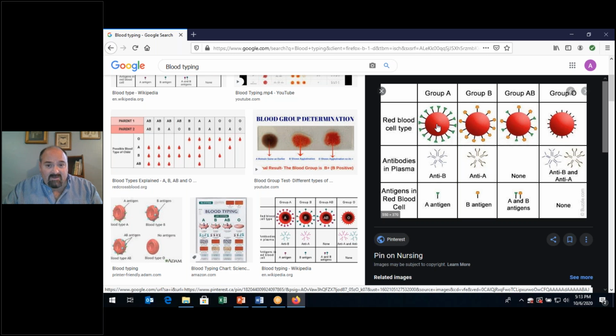So if we have type A blood within this type B blood, what's going to happen? We will have these A antibodies attacking and holding on to and allowing for a clumping to take place of the type A blood within this type B blood that the person has. So that would be a transfusion response, which would be very bad.